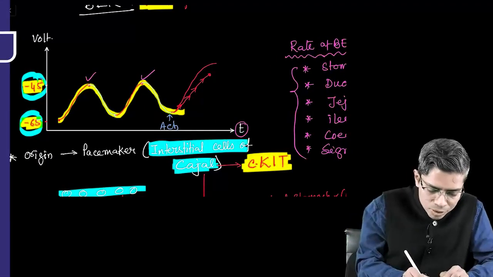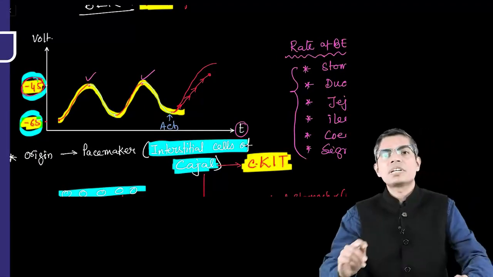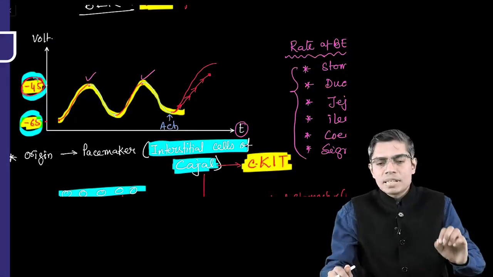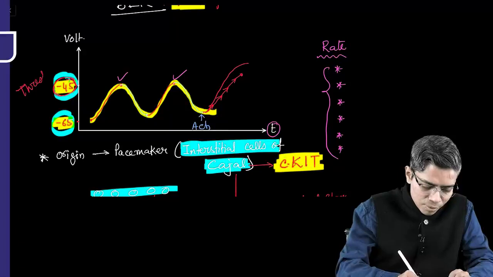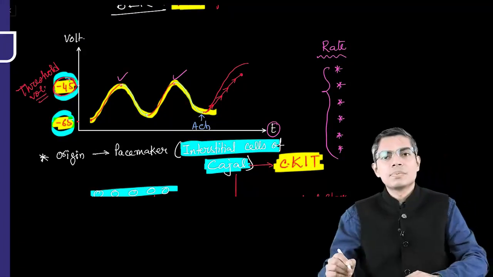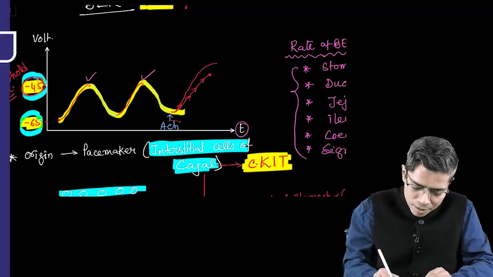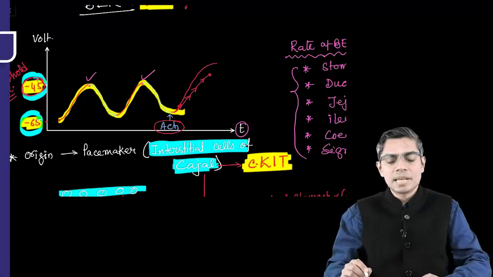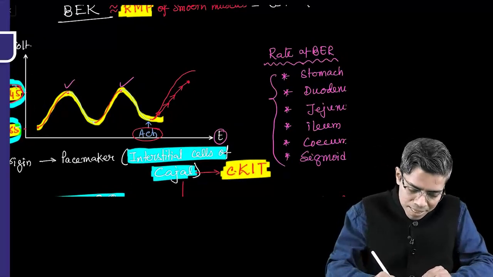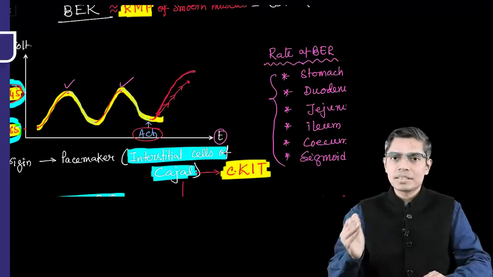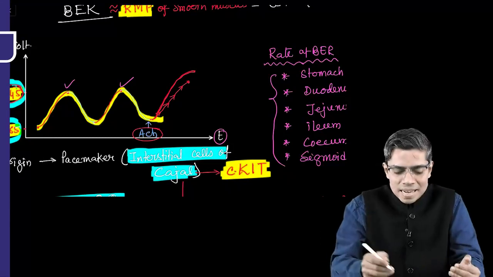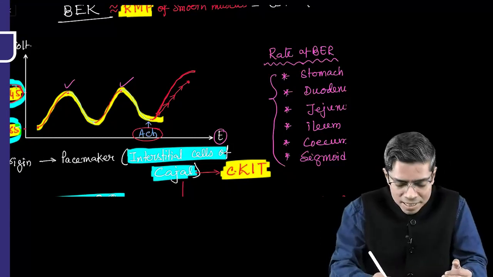Whenever it goes above this minus 45 millivolt, this 45 millivolt is the threshold voltage of the GI smooth muscle. So in presence of a certain stimulus, for example acetylcholine, the BER is crossing the threshold, and whenever it crosses the threshold, we all know that an action potential is going to be generated.